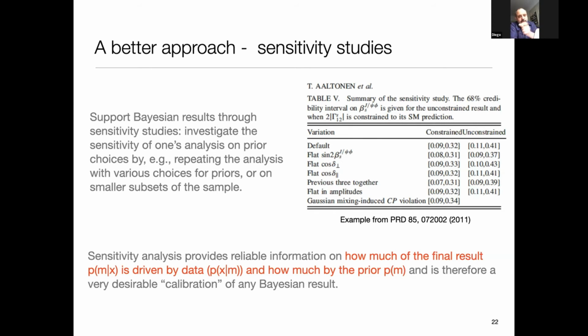The results here are expressed as intervals, not as central values, but it doesn't matter. The changes of the results are modest, which means that, in this case, the choice of prior was not completely spoiling the information from the data. And this is a very nice and useful calibration of any Bayesian result.